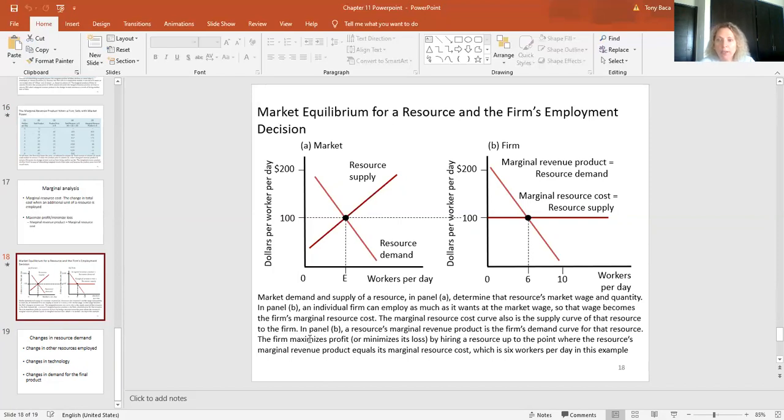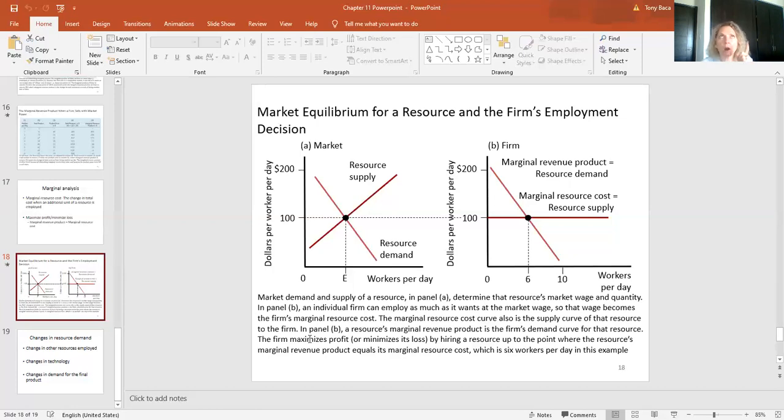So that perfectly horizontal line at $100 is the marginal resource cost. What's the additional cost associated with each unit of a resource, in this case, workers per day, labor. And then that downward sloping curve ends up being the resource demand curve for your firm, because it's based on how much revenue that resource is bringing in.